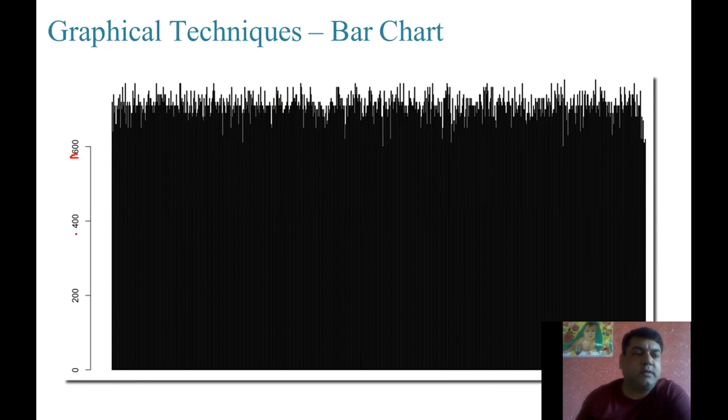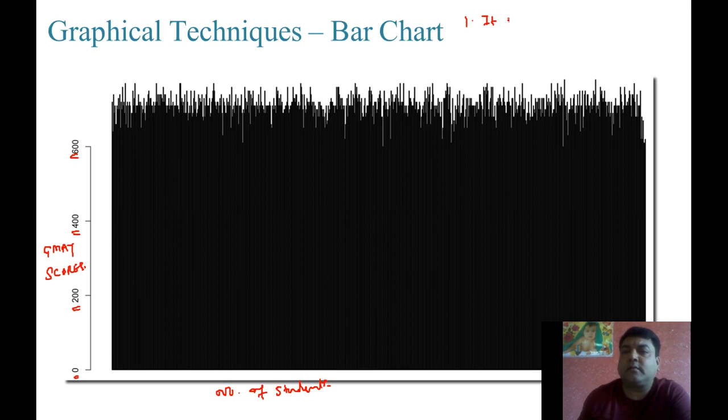So 600, 400, 200, 0, these are the scores plotted on the y-axis. These are GMAT scores, and these are the number of students.